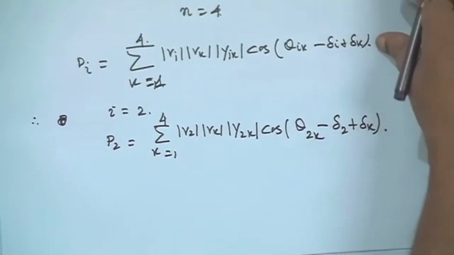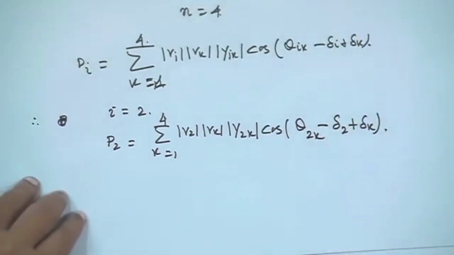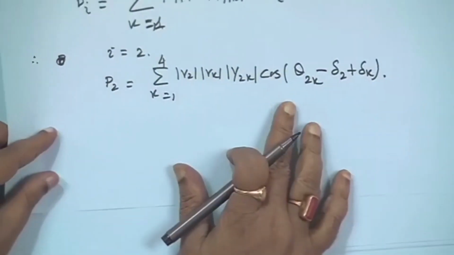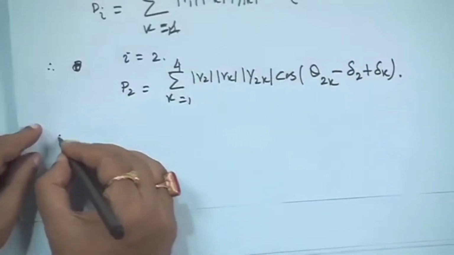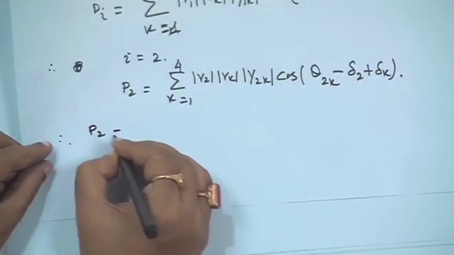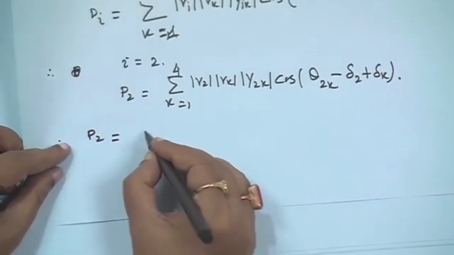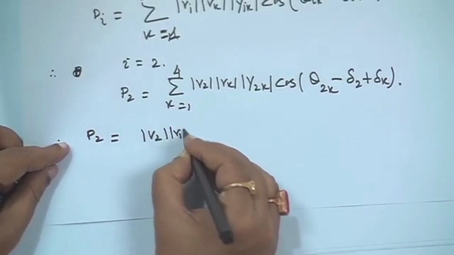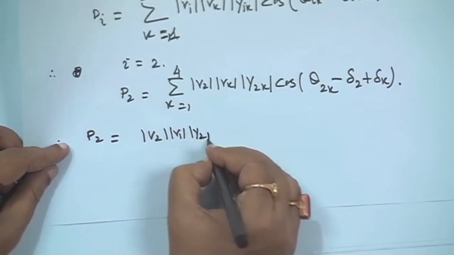Now you expand this, I will show one, then you will know. If you expand this, then your P2 will become V2 and then V1, then Y21, right.